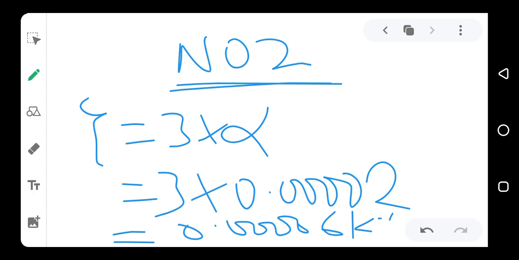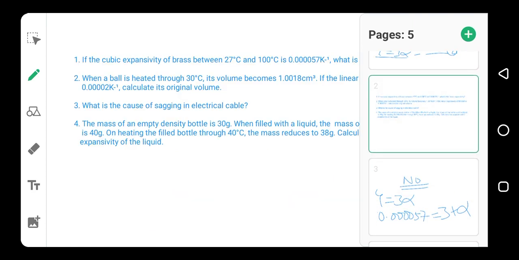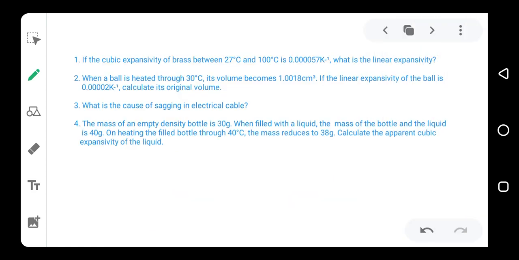Now we have cubic expansivity, we have the temperature change, 30 degrees, and we have one of the volumes. Now we are looking for the second volume. It is now easy for us to put it in the first equation and get the original volume of the object.